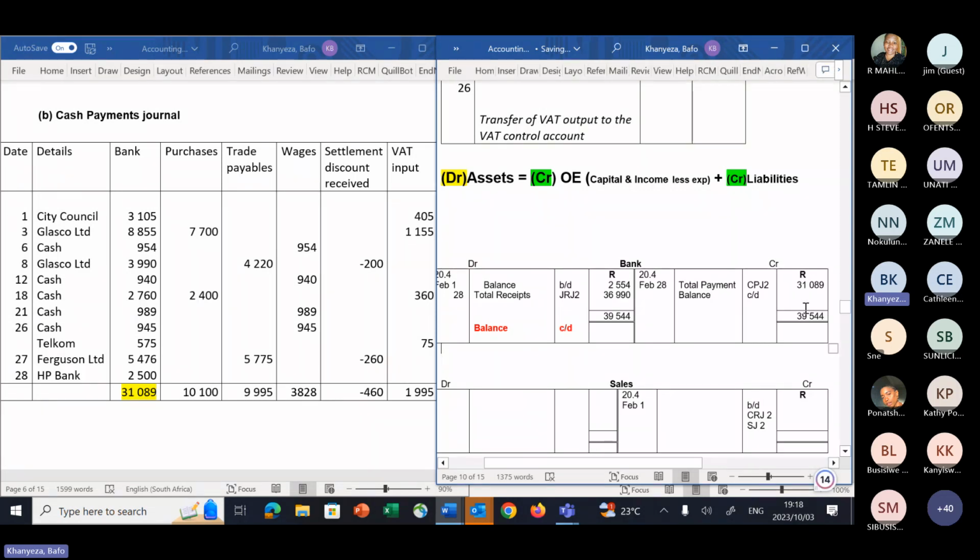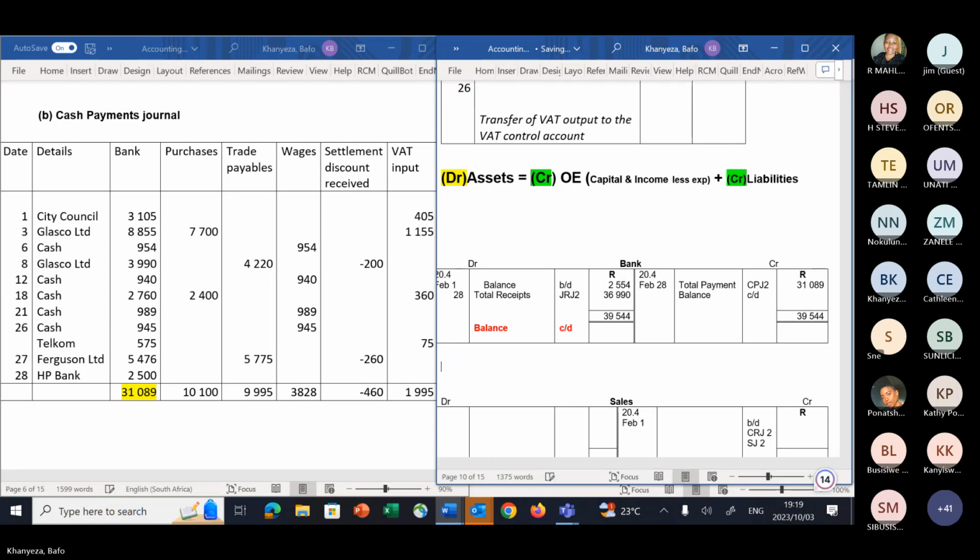So there should be a balancing figure here. A balancing figure, we're gonna say 39544.